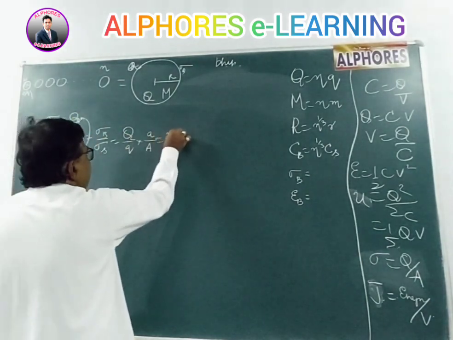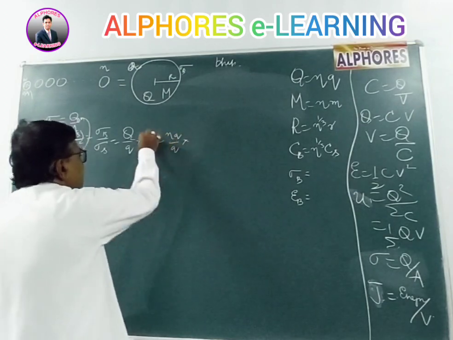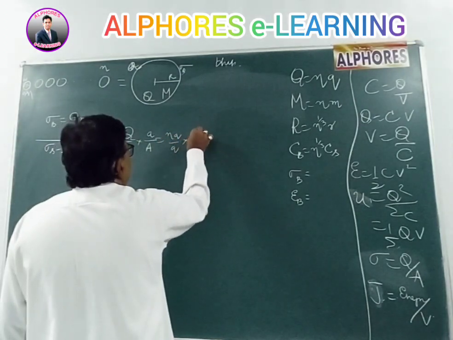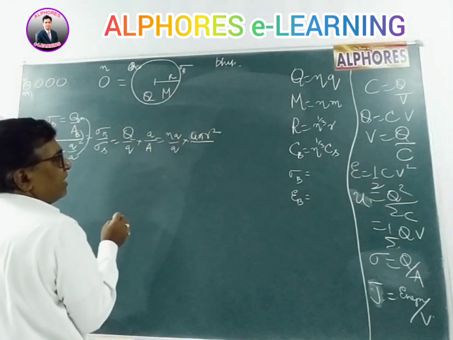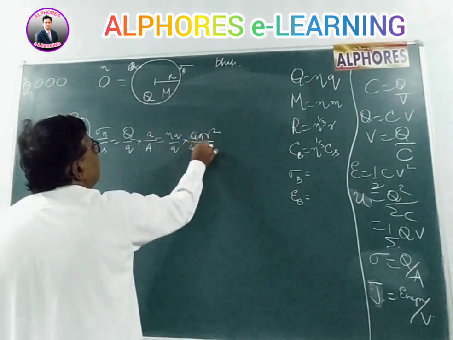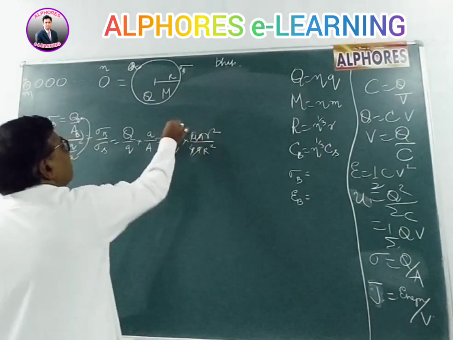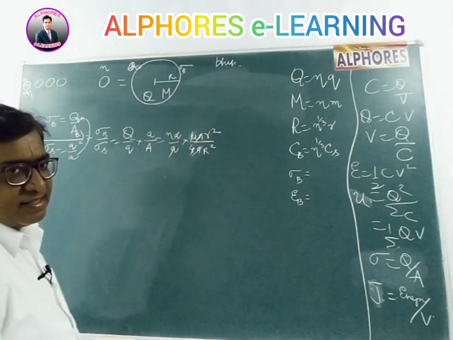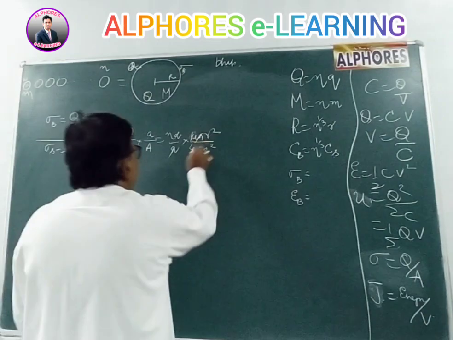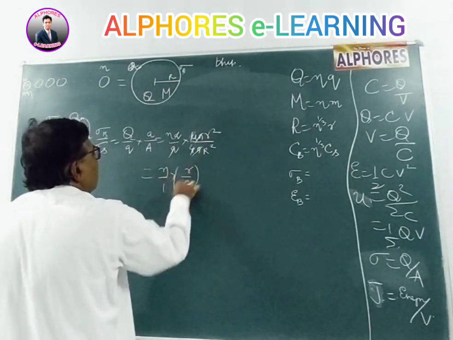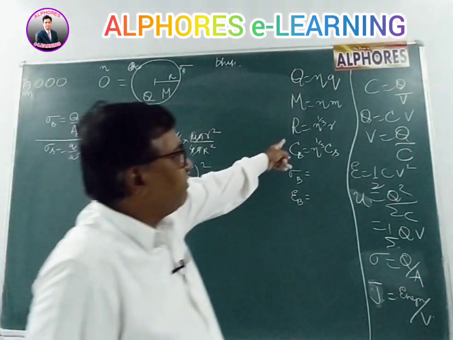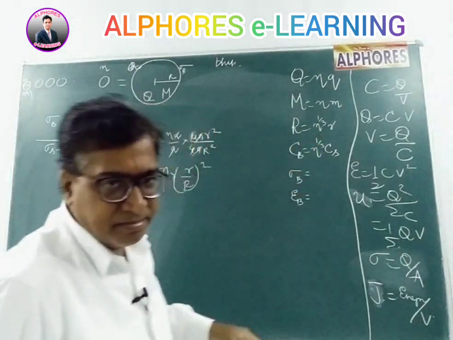Capital Q is n times small q. The area of a sphere is 4 pi r square, so 4 pi cancels. This is n by 1 into small r by capital R whole square, where capital R is n power 1 by 3 small r.